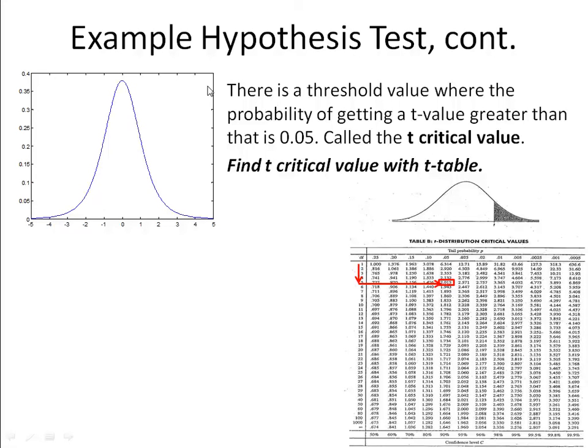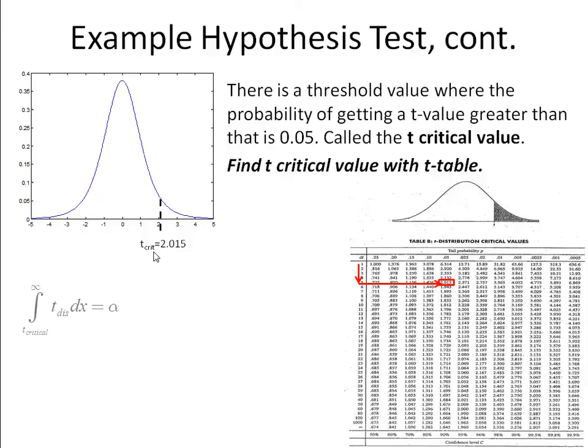So if this plot on the left here is our standard t distribution for the elastic modulus values, the first thing we're going to do is mark off where our t critical value is. It's 2.015.